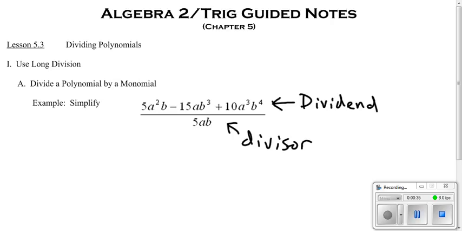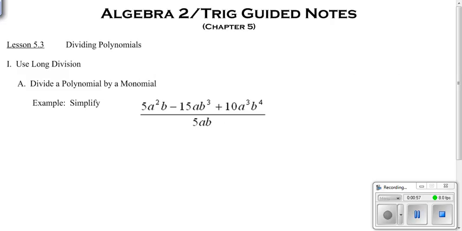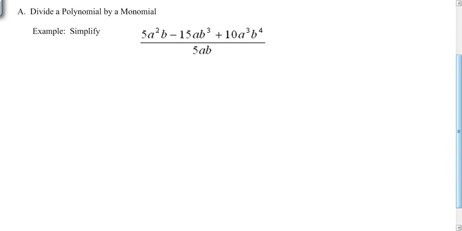So how we would write this is that our dividend divided by our divisor equals the quotient. So the quotient is the term for what you get in the end of a division problem. So those are just some things to remember about division problems. We will come back to those terms, so kind of keep those in the back of your mind.